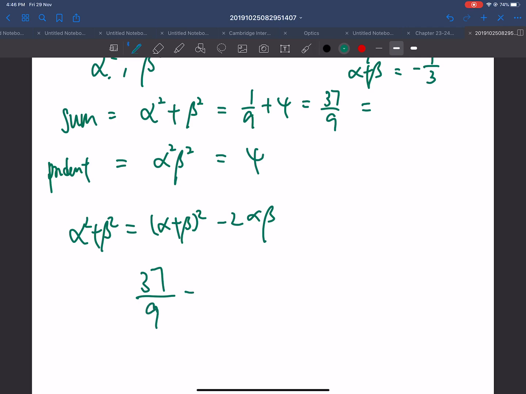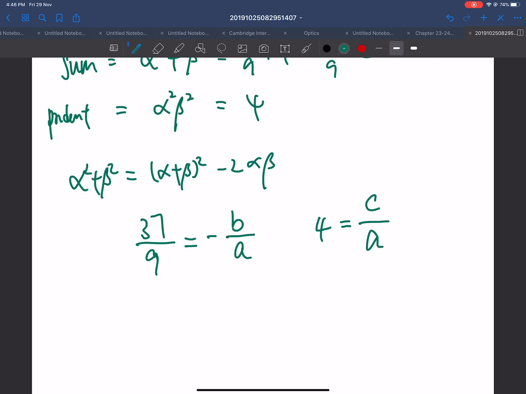So now it's equal to the new b over new a. And 4 is the product of roots, which is new c over new a. So what should you let a be to make a, b, c integers?